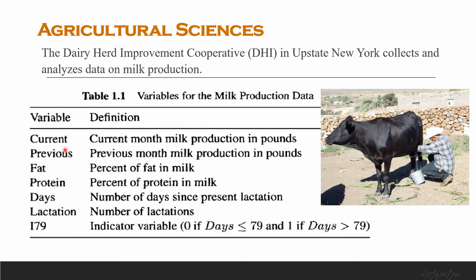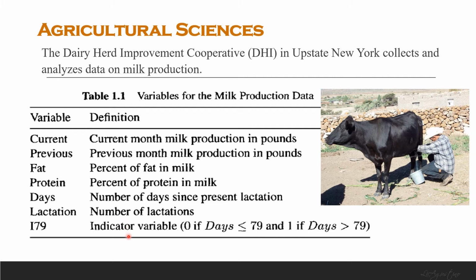We have our Y variable, our dependent variable, the current milk production. So what is the volume of our milk production given the data we have previously, given the percentage of fat in milk, percentage of protein in milk, the number of days since present lactation, and the number of lactations.